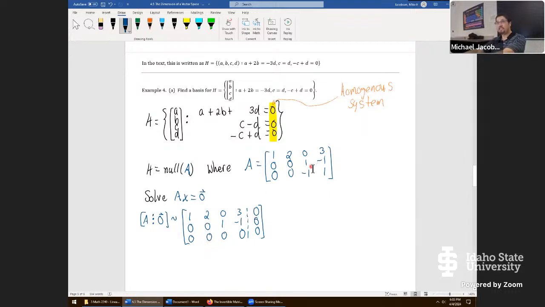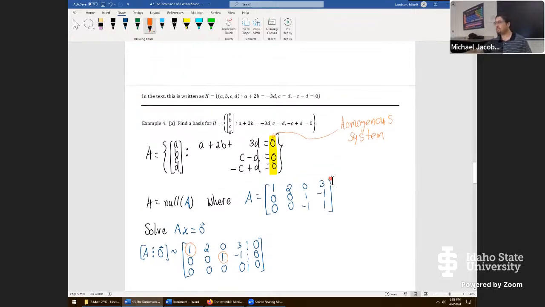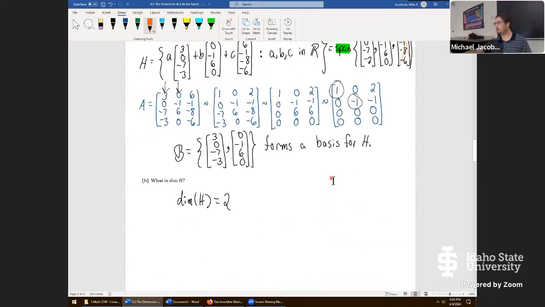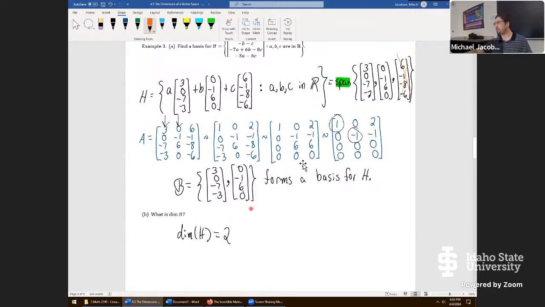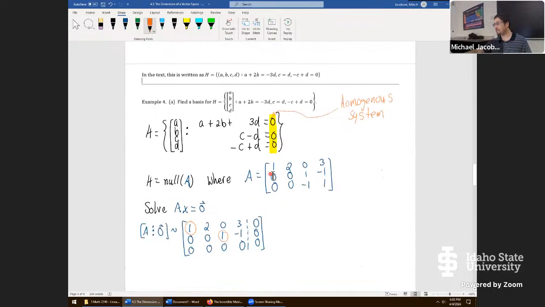Some of the row reduction becomes pretty fast in this section because we're trying to emphasize the concepts a little bit more than just a bunch of row operations. So sometimes it goes pretty quick. Now let's see what happens here. We have a pivot column here, a pivot column here. Just like we did above, we found the dimension of H was 2 once we saw what the pivot columns were, but this one's a little bit different.